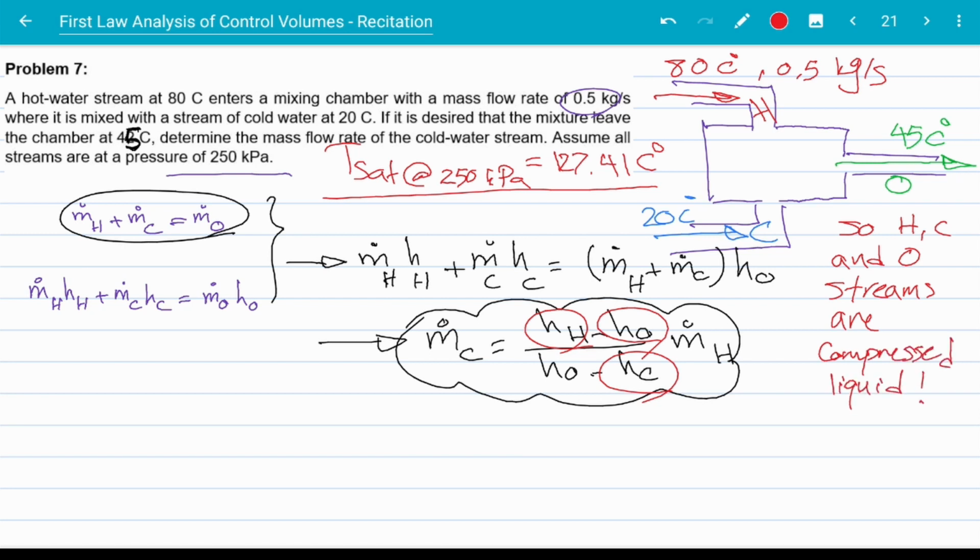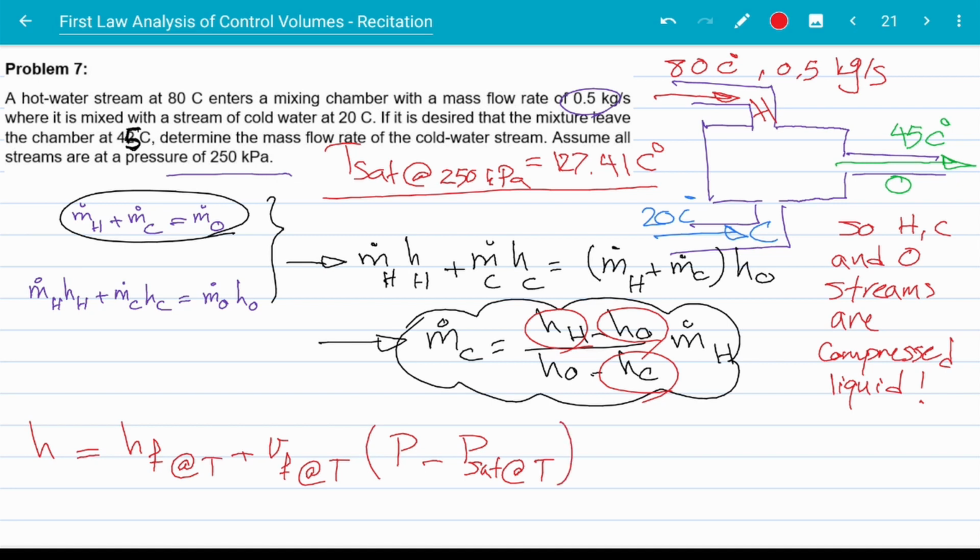Now with that in mind, we know that enthalpy of a compressed liquid can be approximated using this equation. So the enthalpy of a compressed liquid is equal to the enthalpy of saturated liquid at the temperature given plus the specific volume of the saturated liquid at that temperature times the pressure of your compressed liquid minus the saturation pressure of the temperature that you have.